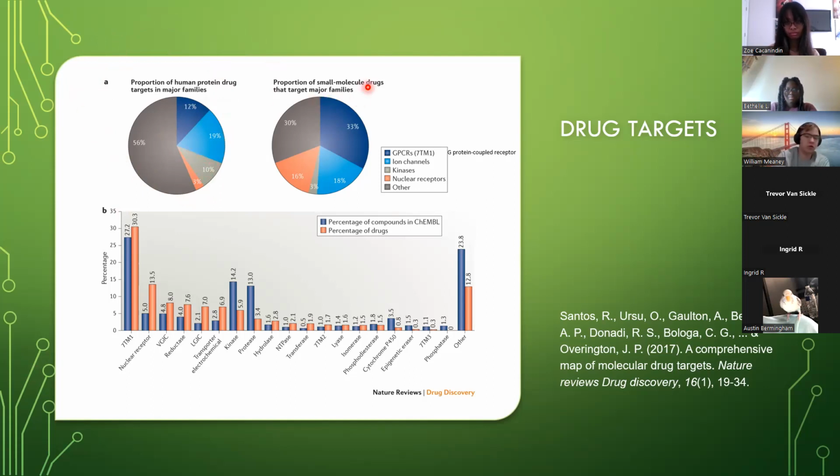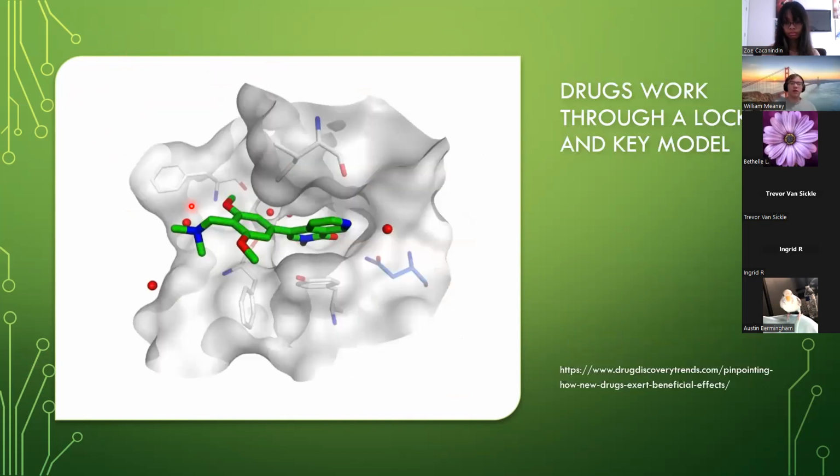Small molecule drugs are much smaller than proteins, where you just have a tiny molecule that could inhibit something, whereas with protein drugs, you have a larger protein that could act as an inhibitor. Drugs work through a lock and key model.